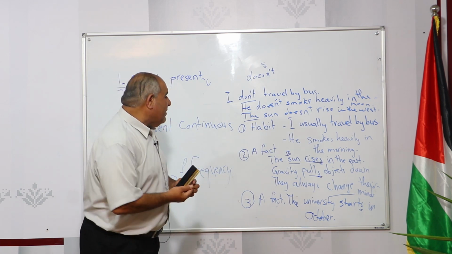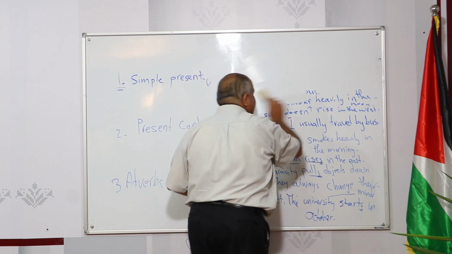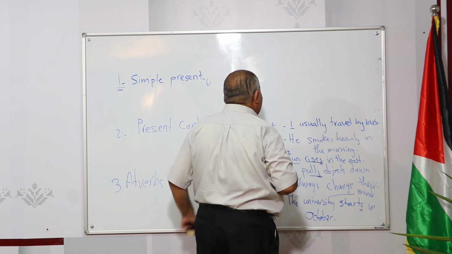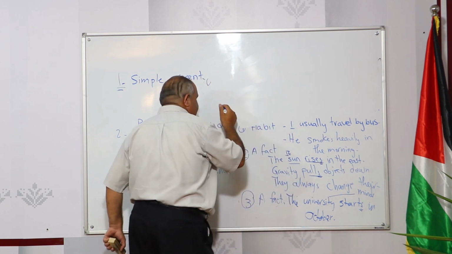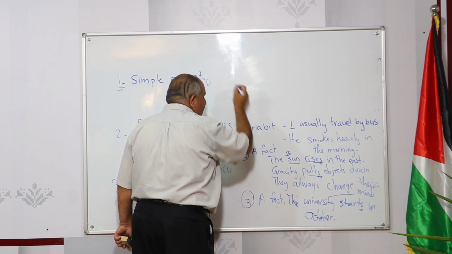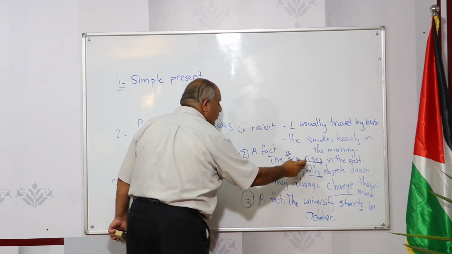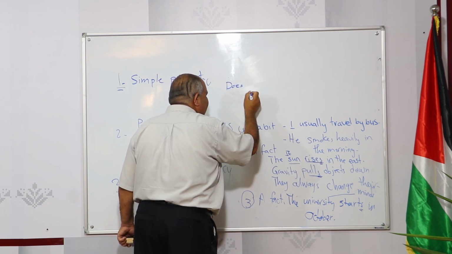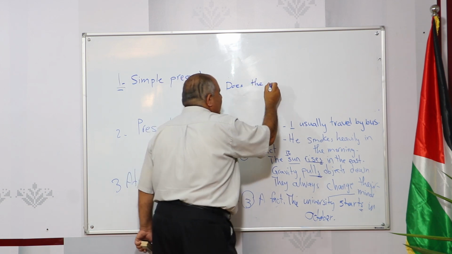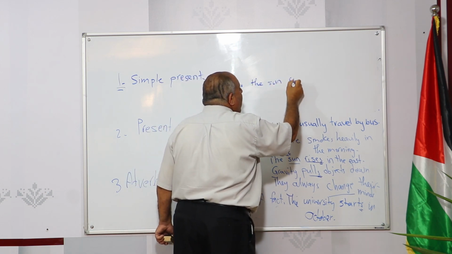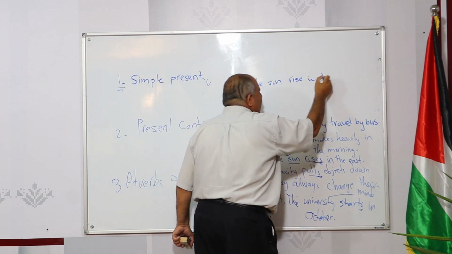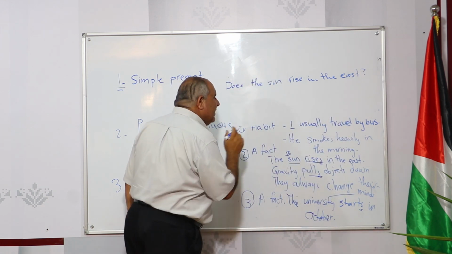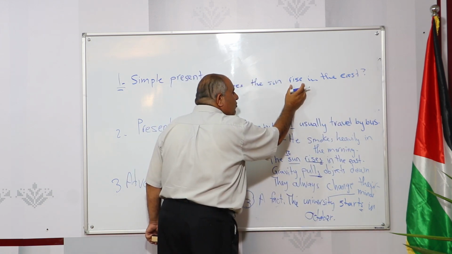If you want to make these sentences questions, because you know that questions and negatives are transformations of sentences, we say, the sun rises in the east. Now we take does, which we took for the negative, and we put it at the beginning. Does, then you complete the sentence as it is. Does the sun rise in the east? Question mark. All we did is take from rise either do or does.